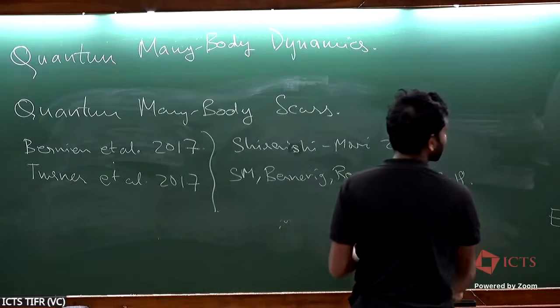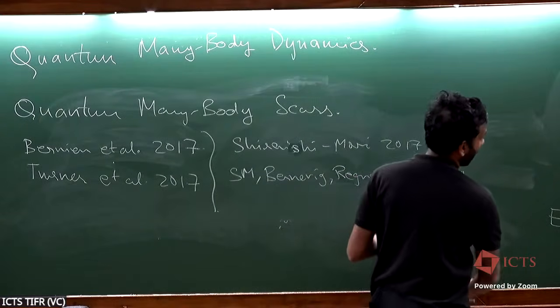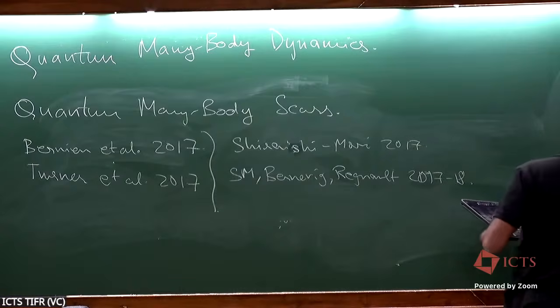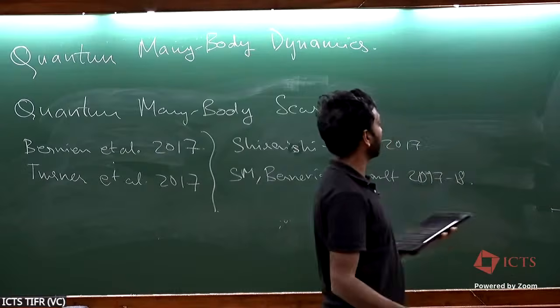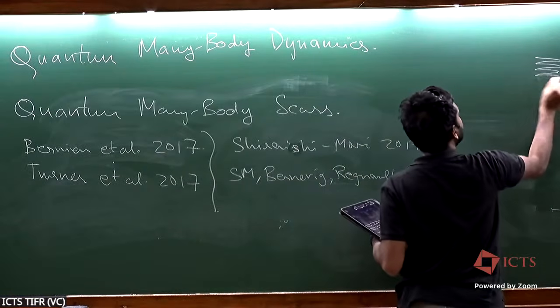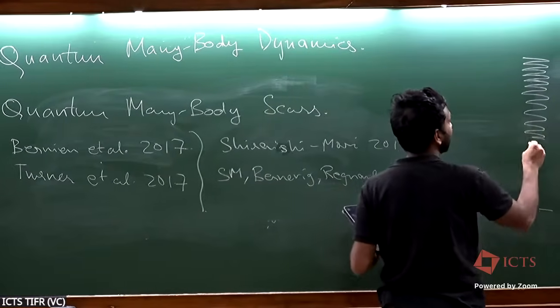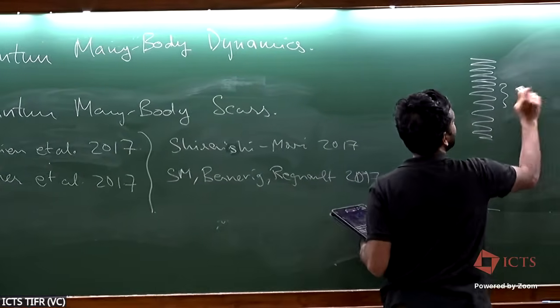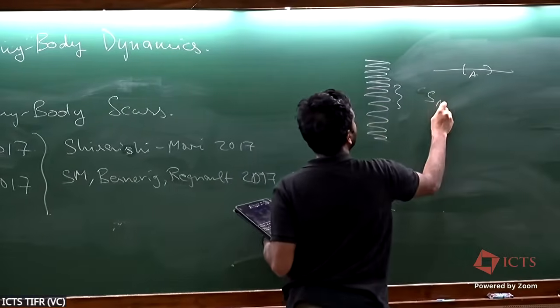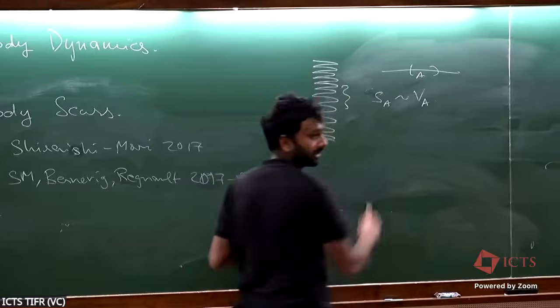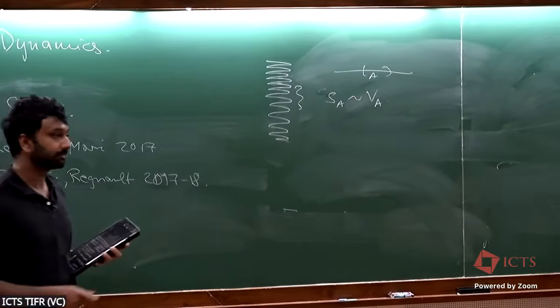quantum many-body scars? So basically, I said that all of the eigenstates in the Hilbert space obey this eigenstate thermalization hypothesis. What that means is that the eigenstates should themselves be thermal, which means that the entanglement entropy of these eigenstates, so this is again the spectrum, say I take a subsystem A, the entanglement entropy scales as the volume of this subsystem for the eigenstates, right?